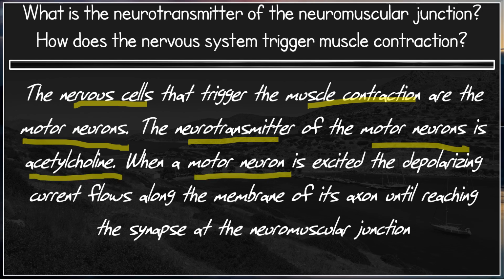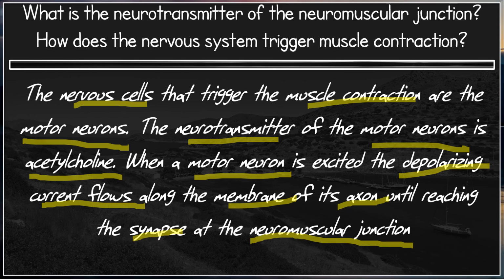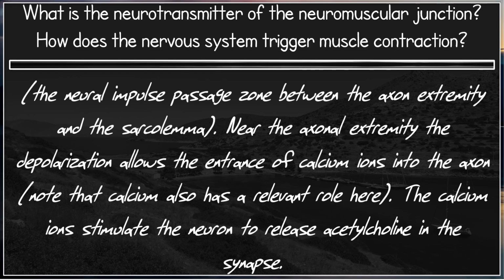When the motor neuron is excited, the depolarizing current flows along the membrane of its axon until reaching the synapse at the neuromuscular junction, the neuroimpulse passage zone between the axon extremity and the sarcolemma.